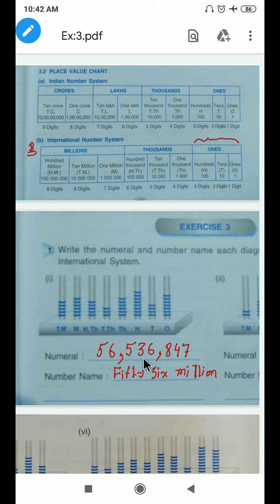Then 536 belongs to which room? That belongs to the 1000 room. So this will be 536,000.